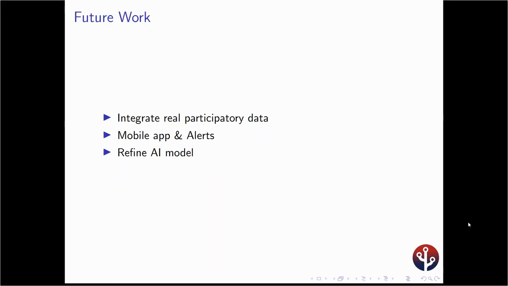And last but not least is to refine the AI model to use more information such as animal migration patterns and mosquitoes in the area, and better mathematical models to calculate the risk factor. And that's our future work.